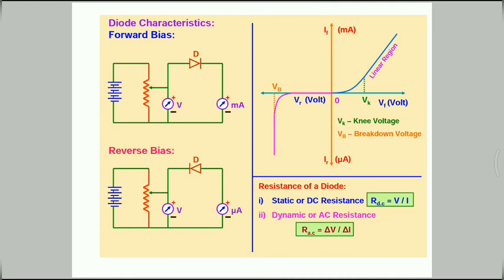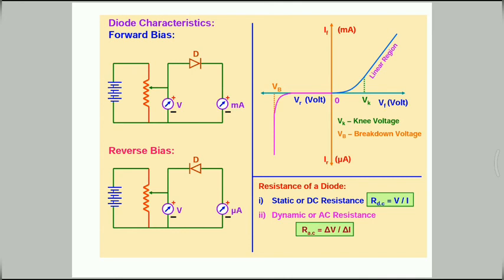At the start, when the applied voltage is low, the current through the diode is almost zero. It is because of the potential barrier, which opposes the applied voltage. Till the applied voltage exceeds the potential barrier, the current increases very slowly with increase in applied voltage.